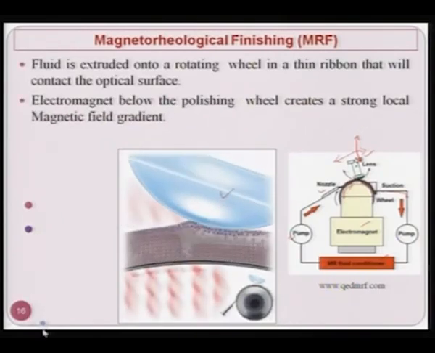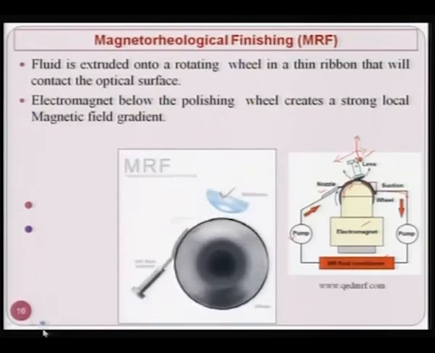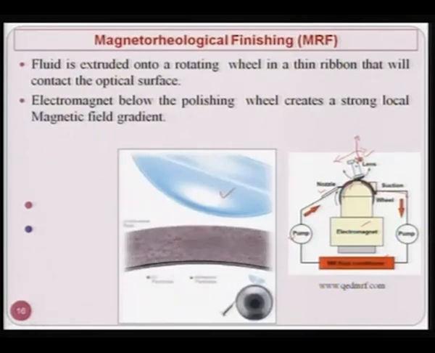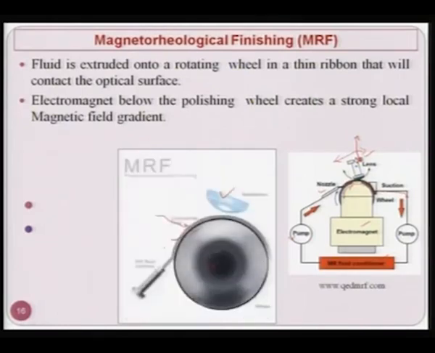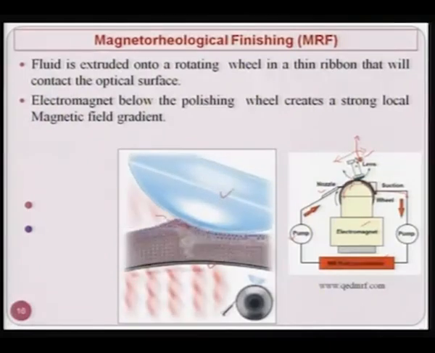Fluid is extruded onto a rotating wheel in a thin ribbon that will contact the optical lens. You can clearly see here, this is the fluid, and a thin layer is there between the lens and the wheel, and this is being extruded in this particular direction. Because of this, the normal force as well as the tangential force is acting on the workpiece surface through the abrasive particles, which remove the material in the form of microchips or nanochips.